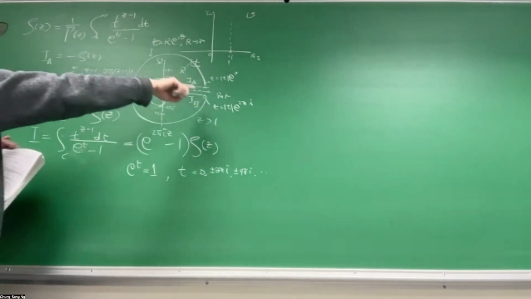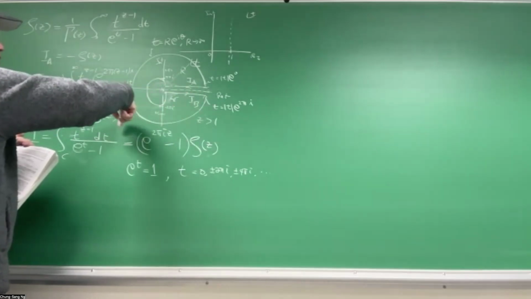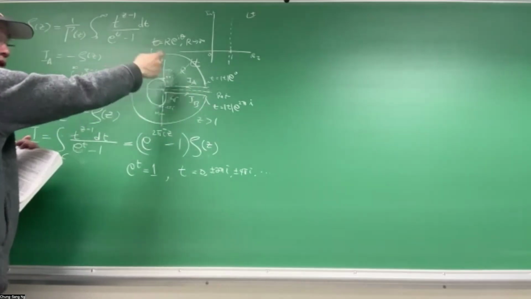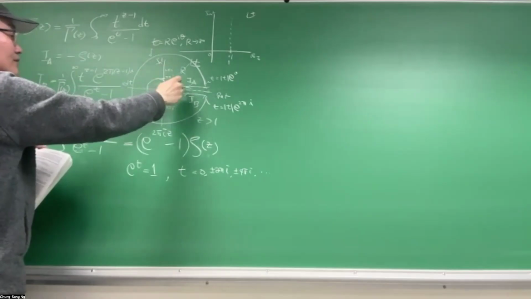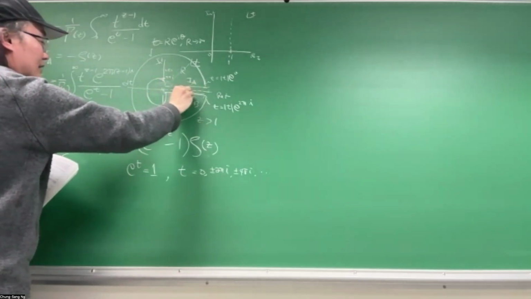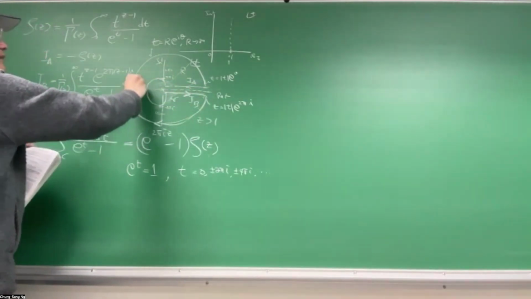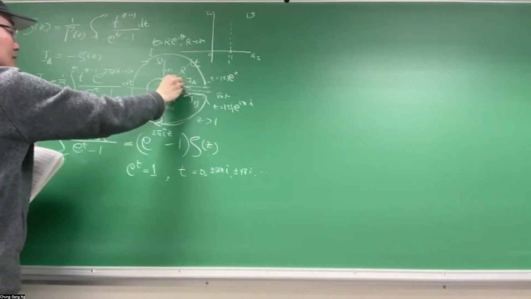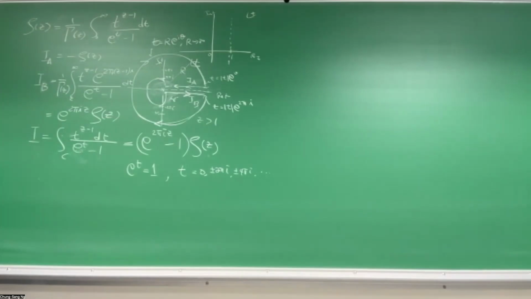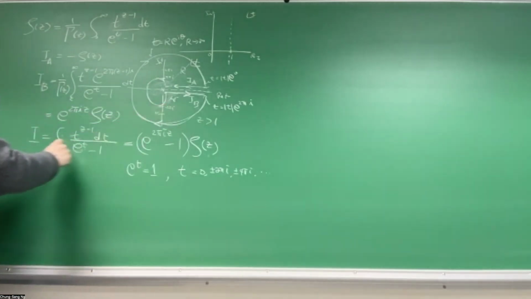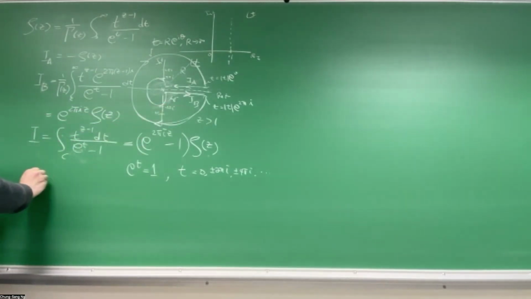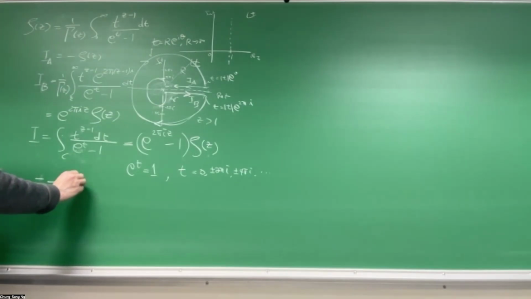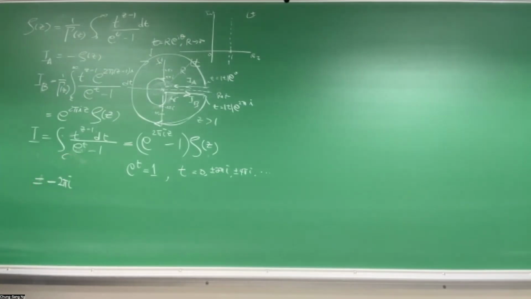Remember this contour is in the clockwise direction, not the counterclockwise. We define it like that. This I sub b, we need to close it this way, go all the way back, and close it this way, right? And so I sub c will be given by the negative of 2 pi i times the residue.